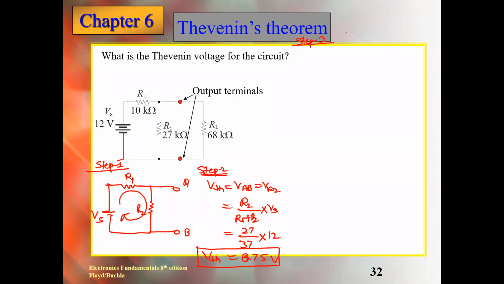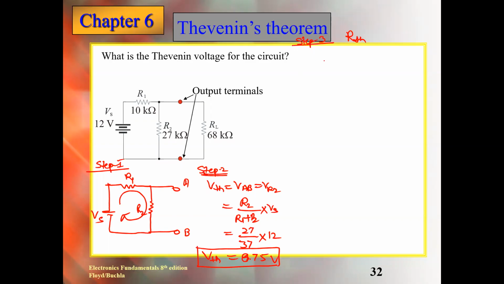Third step is for RTH. So what do we do for the RTH? Replace VS with a short circuit.